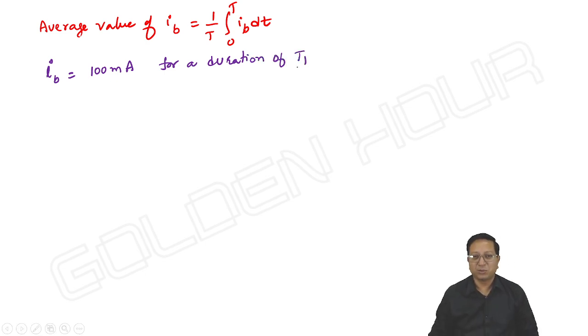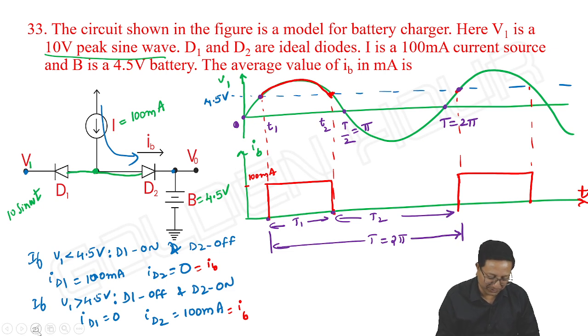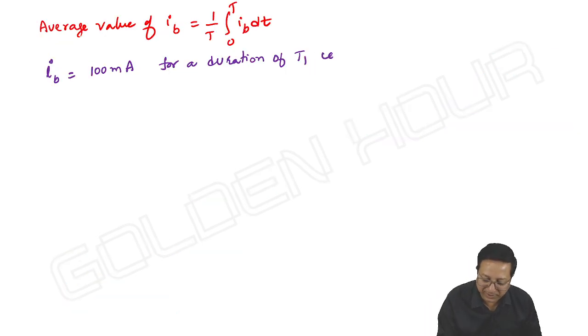I can write 0 to T1, but already here this is mentioned as 0, so I don't want to confuse you guys. So we can write here small t1 to small t2, a duration of T1, that is small t1 less than t less than t2.